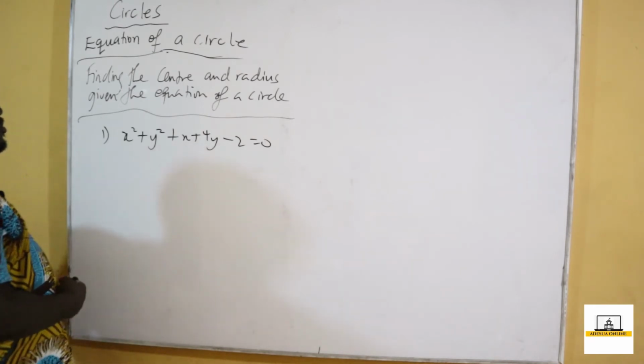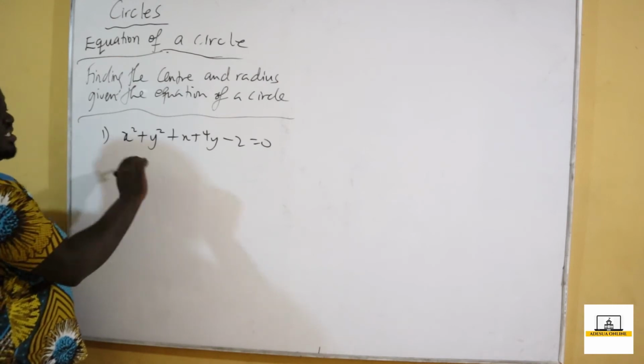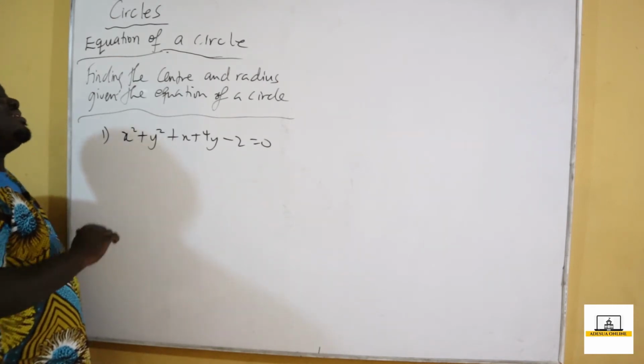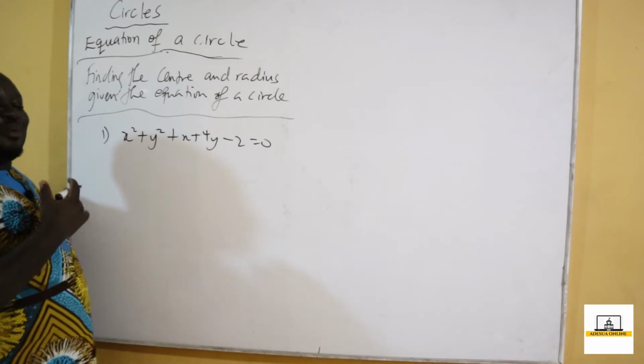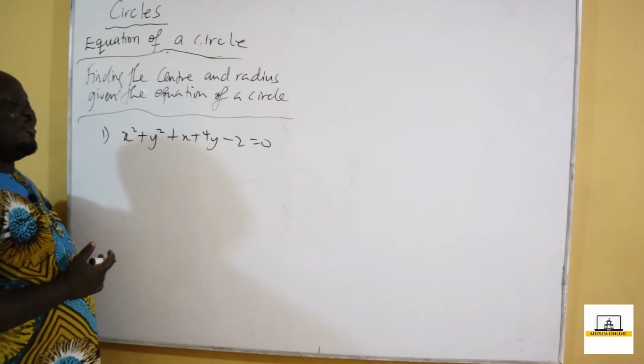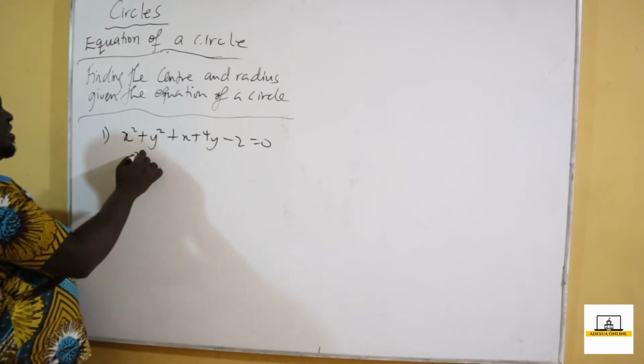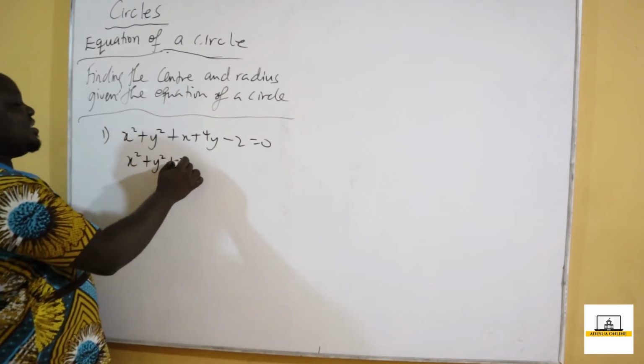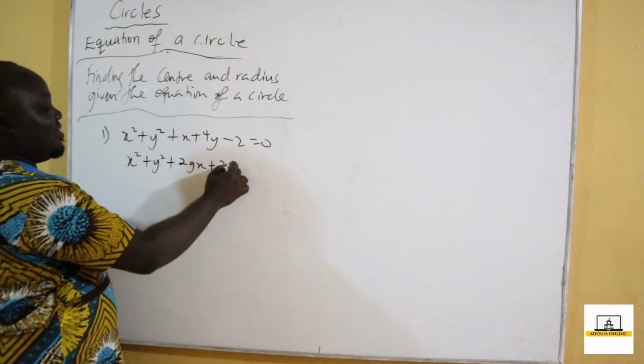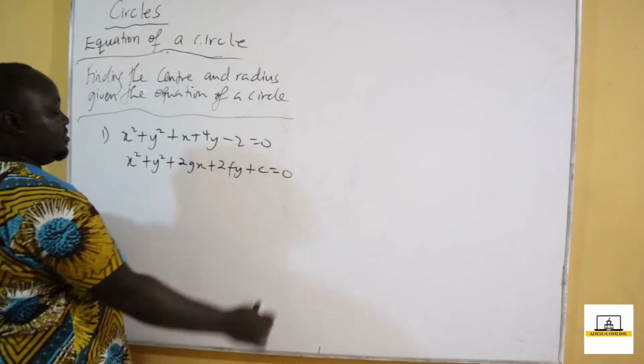The first thing we do is compare this to the general equation of a circle, which is x squared plus y squared plus 2gx plus 2fy plus c equal to 0.